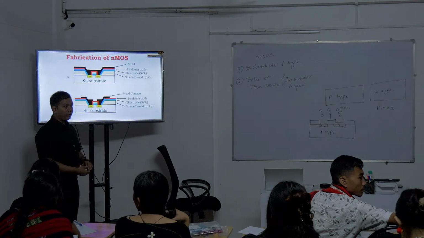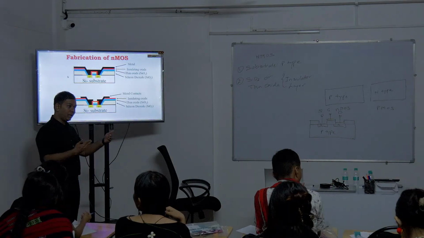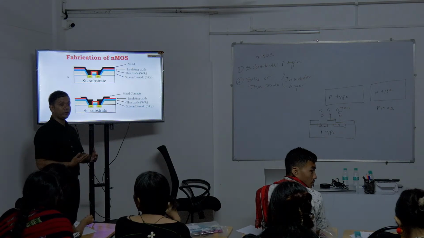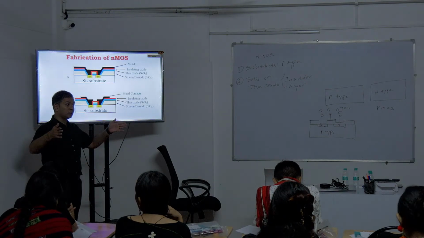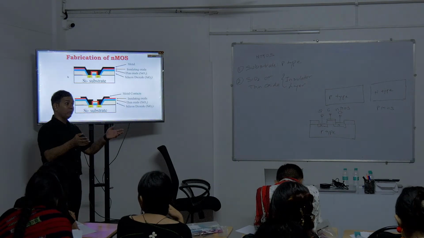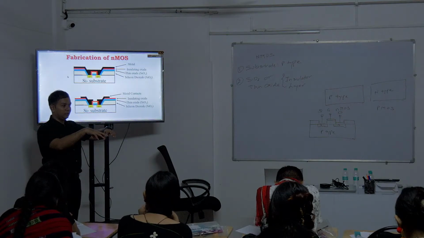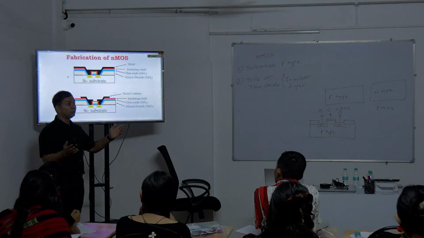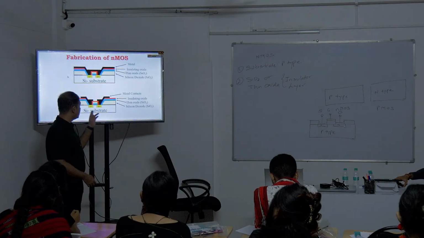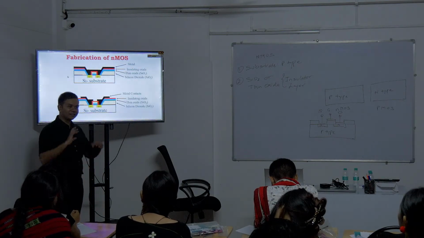So when we have this NMOS and PMOS and combine them together, that is known as a complementary metal oxide semiconductor. Now that's also a process, how we can make both of them together if we use a single substrate, because this is just one. That's a different thing.